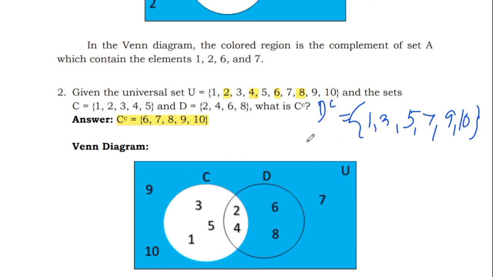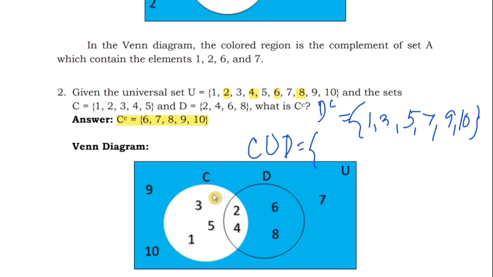Okay. How about if we have, let's say, C union D. Let's recap what we have learned.